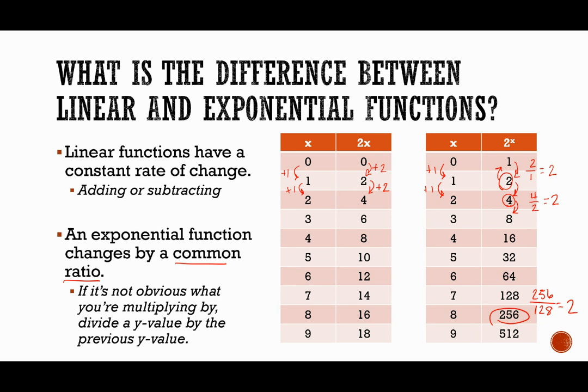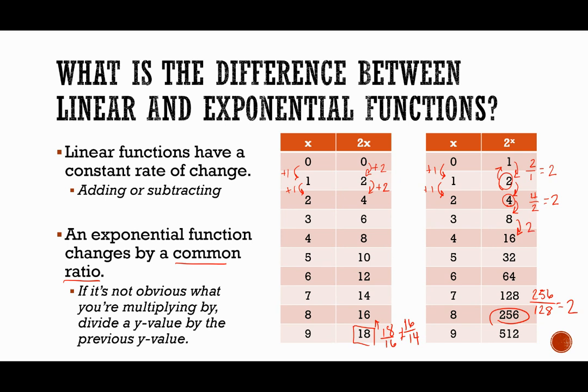Whereas if you take a look at your linear, you have 18 divided by 16. That does not equal the same thing as 16 divided by 14. So I know that this is not exponential. All right. So again, exponential, we have a common ratio of 2 here.